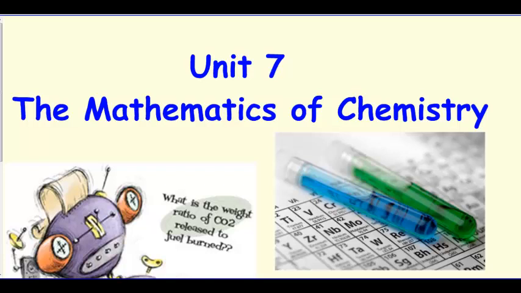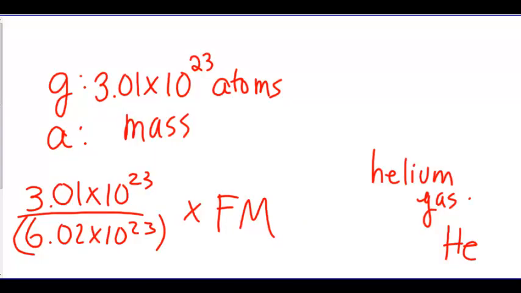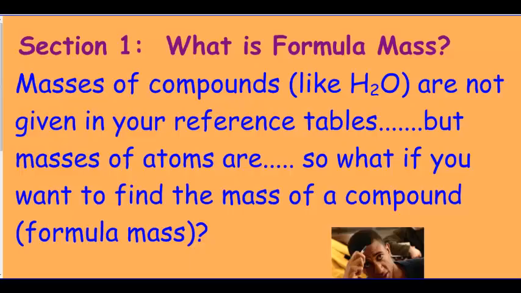The first thing you have to know about the math of chemistry is how we can calculate the formula mass and what formula mass really is. Okay? So formula mass has a couple different names.